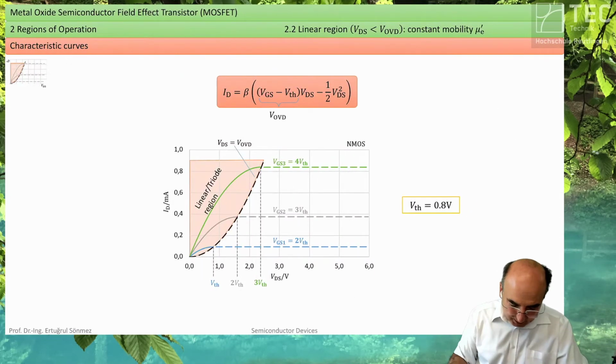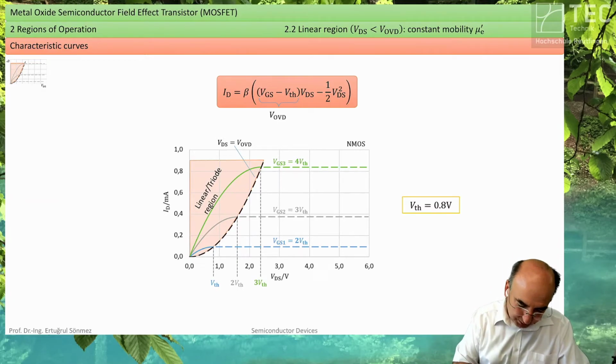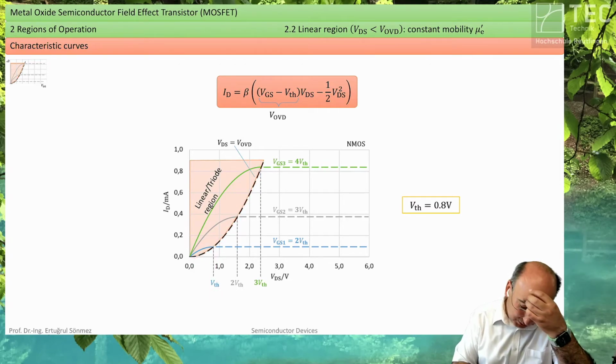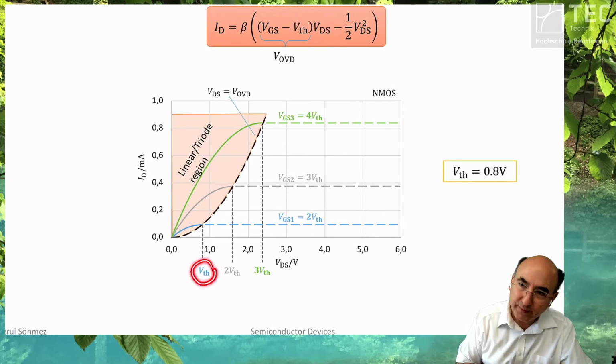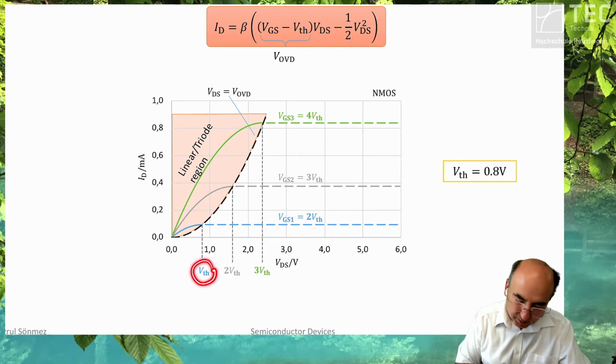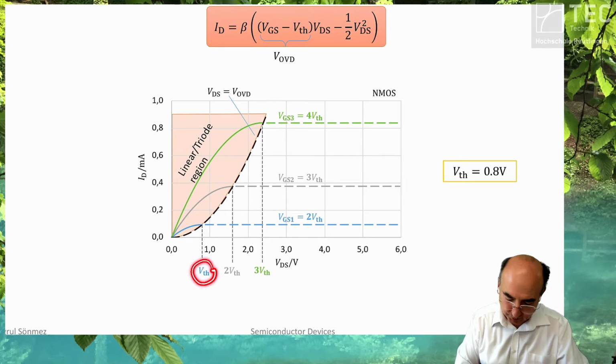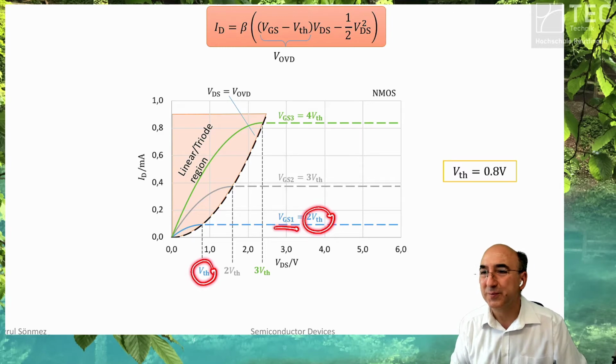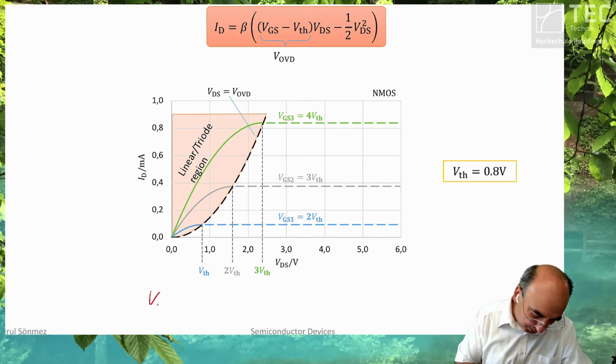Okay, so here we are. So this line is exactly what we say. Now our overdrive is 1 V threshold. Why? Because our gate source voltage is 2 V threshold. And the V overdrive is VGS minus V threshold.